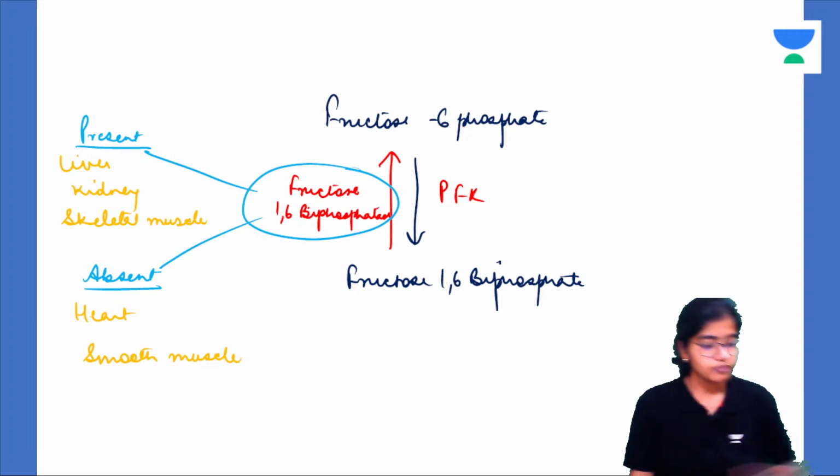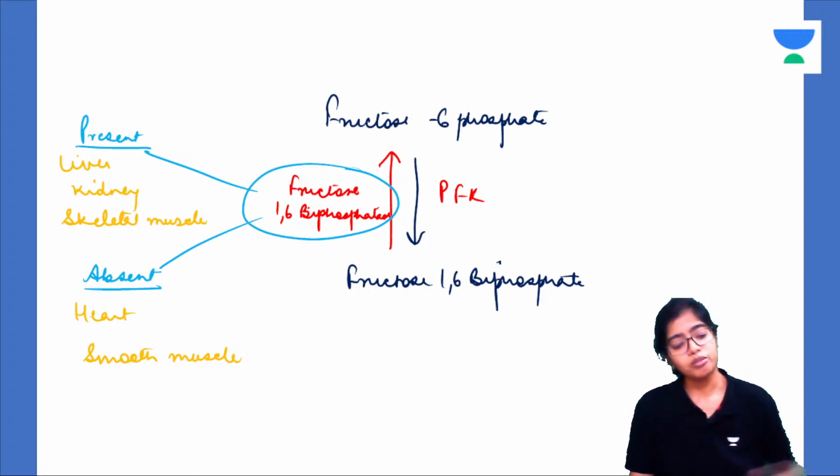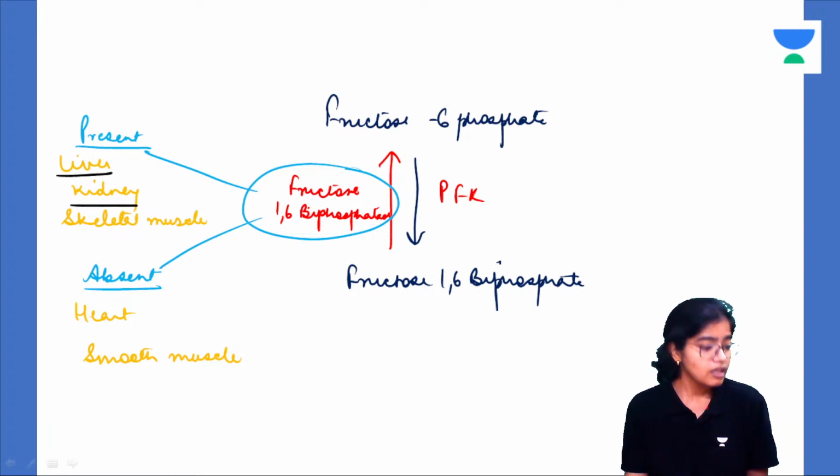Understood? Now, wherever this enzyme biphosphatase will be present, those tissues can utilize 1,6-biphosphate. Wherever it will not be present, those tissues cannot utilize this. They will have to utilize some other substrates. Now fructose 1,6-biphosphatase is present in the liver, in the kidney and in the skeletal muscle.